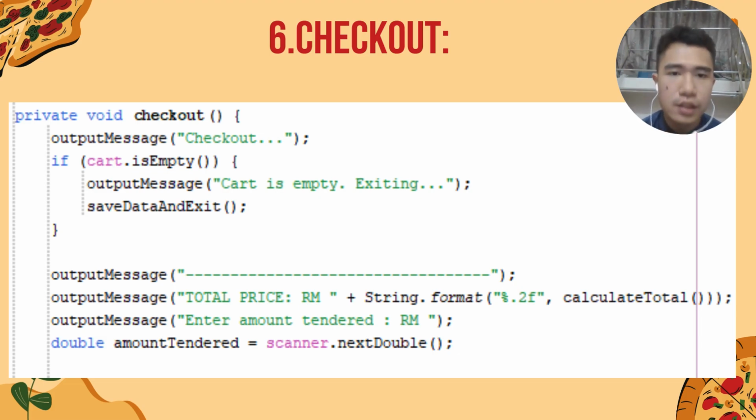But if the system has detected some pizza in the cart, then it will calculate the total price for all the pizzas, such as the small pizzas plus medium pizzas. Then the total price of the pizzas will be shown, and the system will pop up the amount that we have received from the customer.